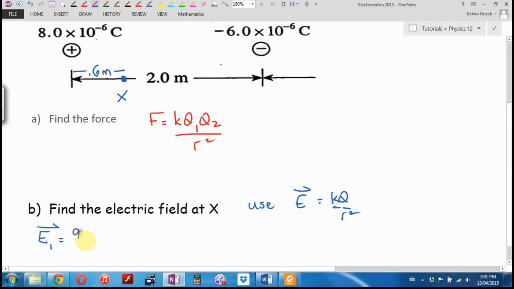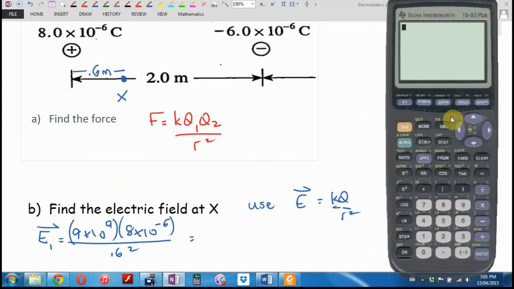That's going to be 9 times 10 to the 9th. Get your calculators out so you can crunch these quickly. This is in coulombs, not in microcoulombs, so they've already done the 10 to the negative 6. All over 0.6 squared. What will the magnitude of the electric field there be?